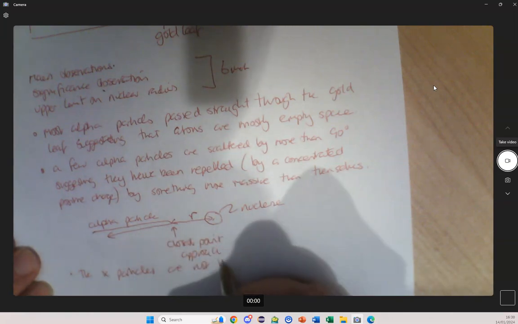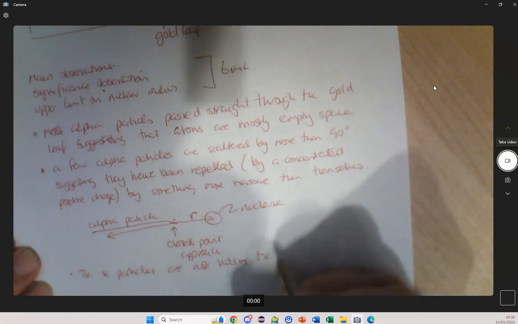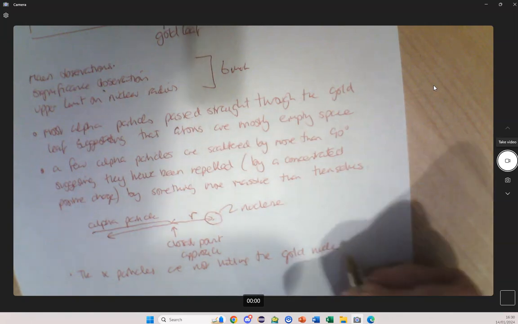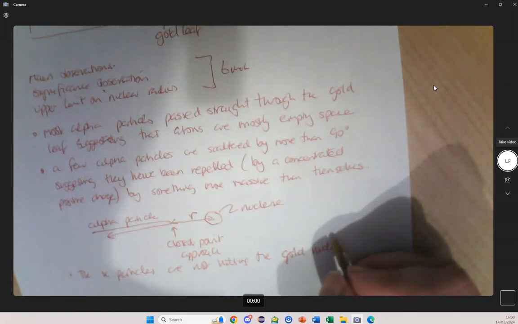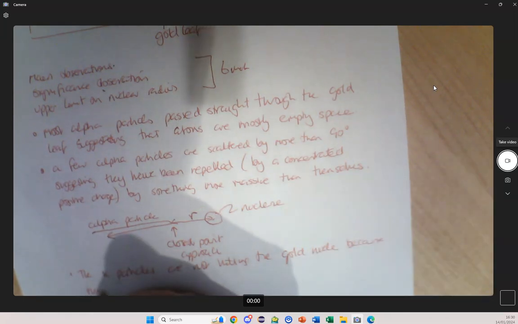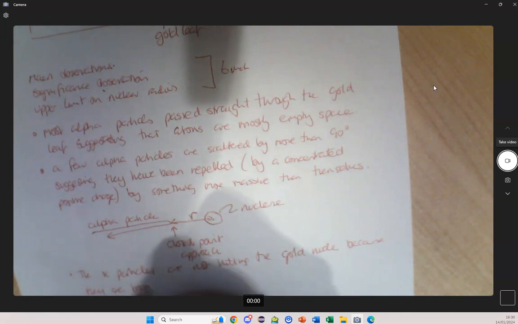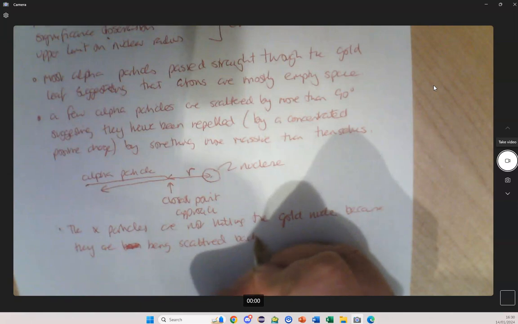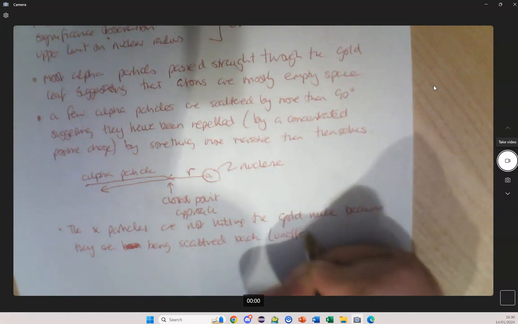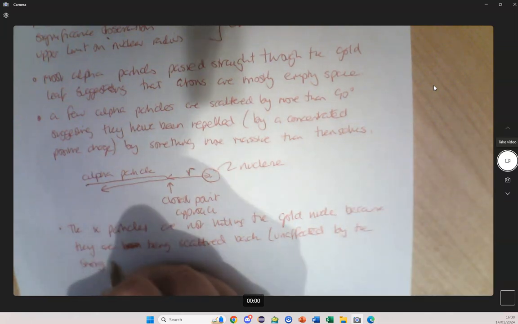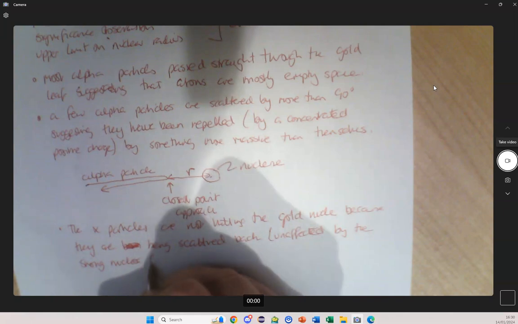First off, the alpha particles are not hitting the gold nucleus or gold nuclei, because they are being scattered back unaffected by the strong nuclear force.